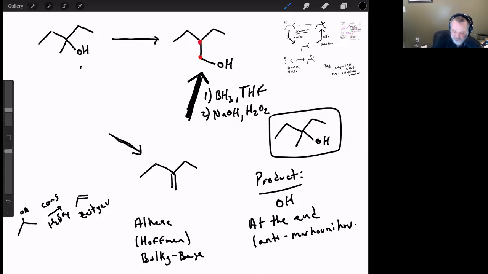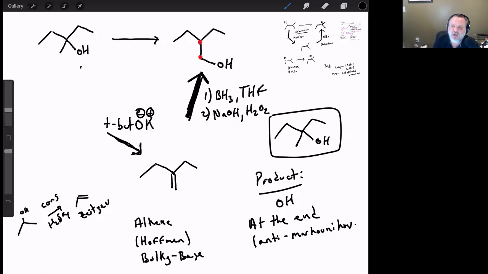So the idea that it's a Hofmann product leads me to the knowledge that I had a bulky base, so tertiary butoxide. So I know that I have a bulky base, but I can't eliminate an OH with a bulky base. I can only eliminate OHs with acids.